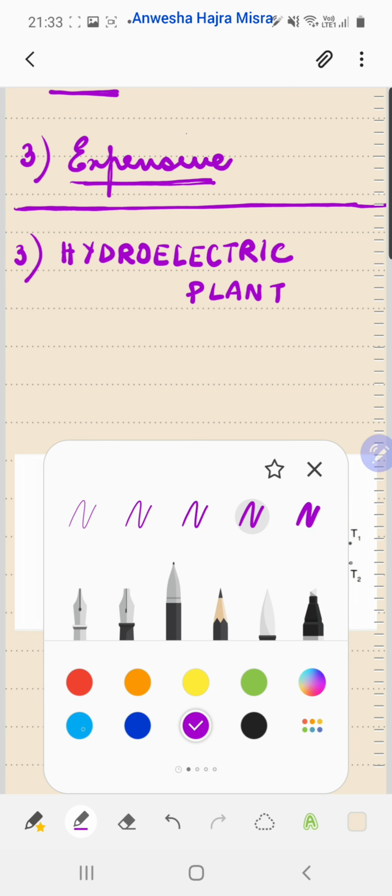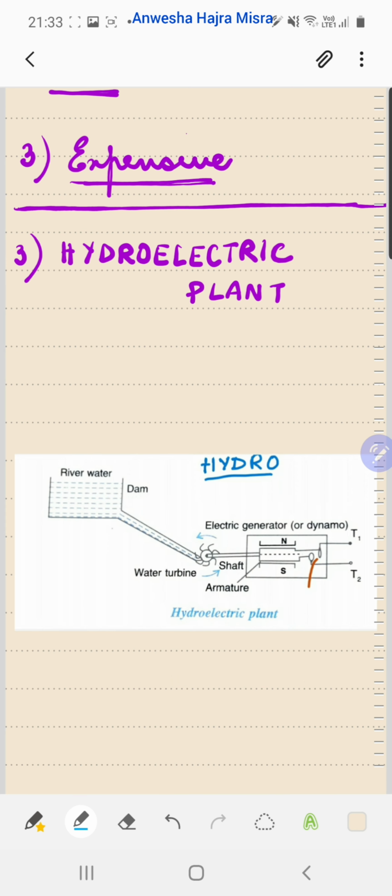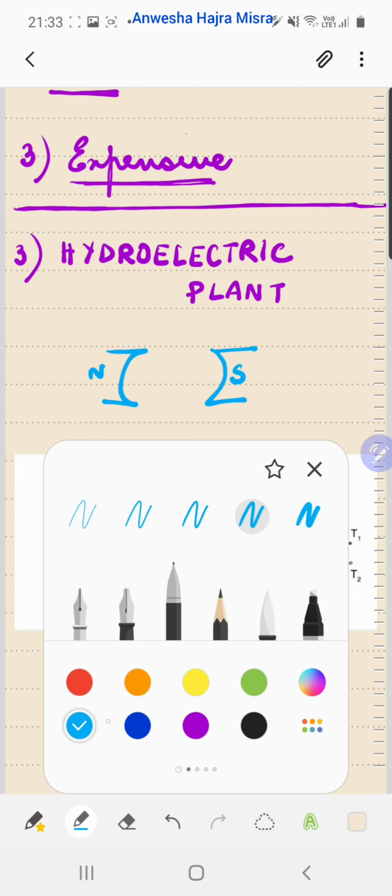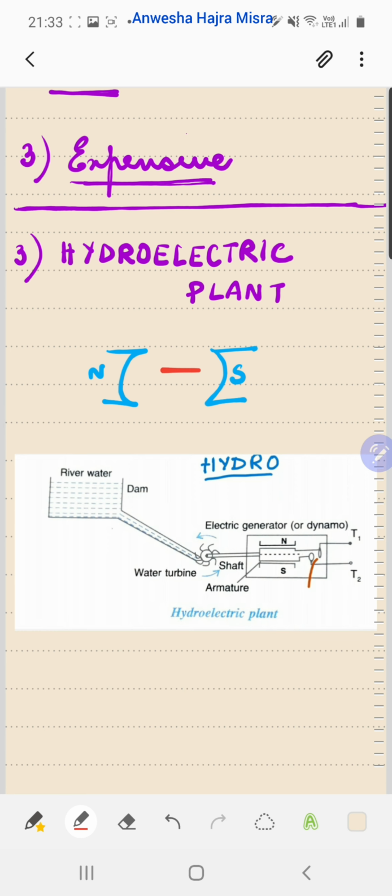Now, just now we saw that if in a magnetic field you have a coil, and if you can rotate the coil in a magnetic field, what do you get?